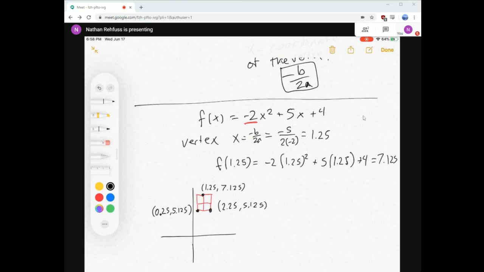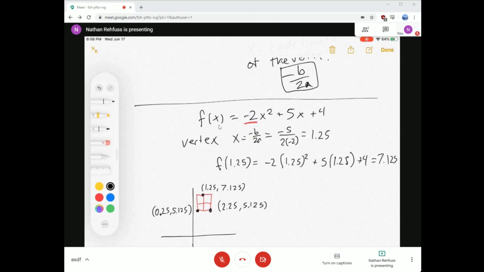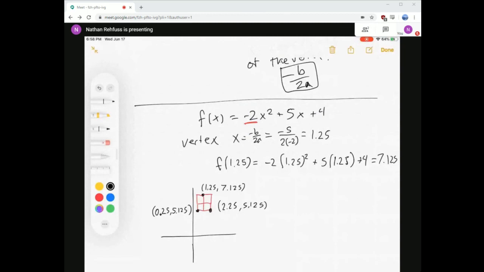Oh, one more thing. If I plug in x equals 0, I get 0 plus 0 plus 4. So I know that this point, 0, 4, is also on the graph. That way I know where I'm hitting the y-axis. So the rest of the curve looks something like that.